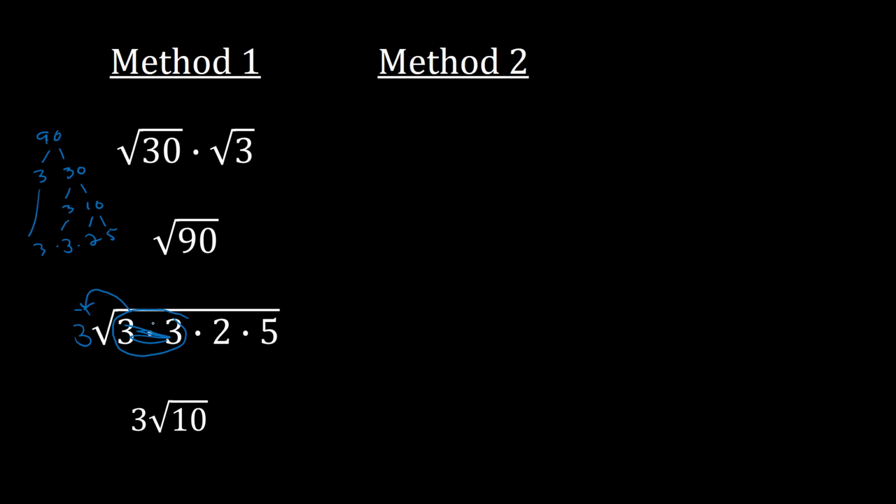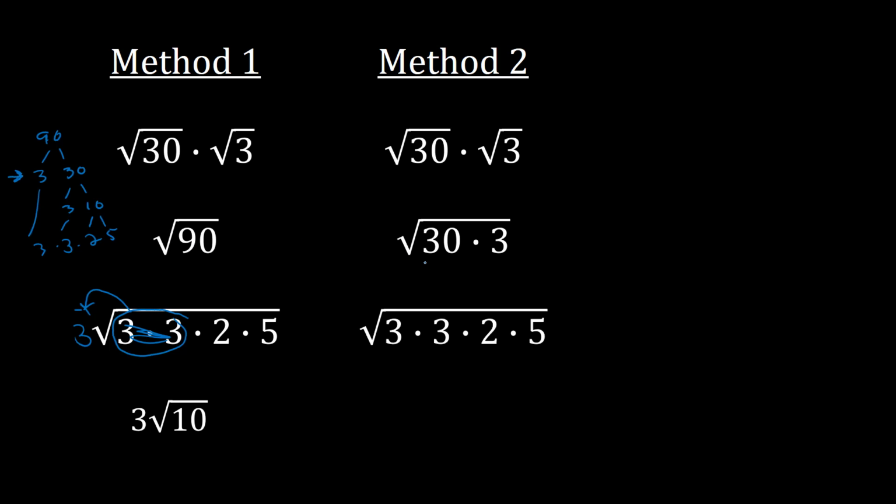Now method 2, like we said, is when we combine into one radical, we don't take the time to multiply because I know I'm going to have to break it right back down anyway. So instead of multiplying to get to 90 and then breaking down like we did over here to get 3 times 30, we can just start here at 3 times 30 and break down the 30 to be a product of 3 times 2 times 5.